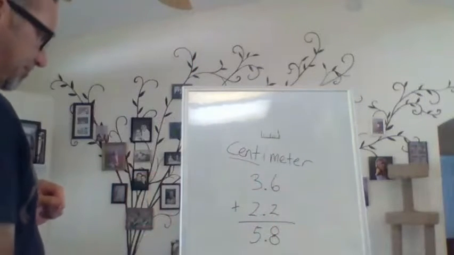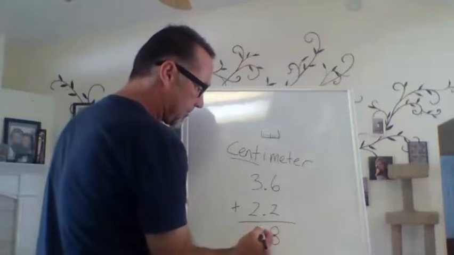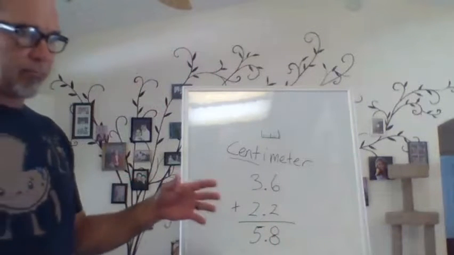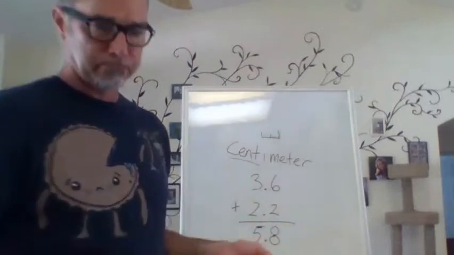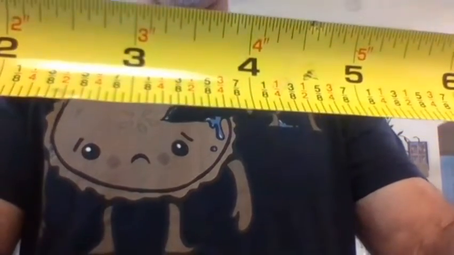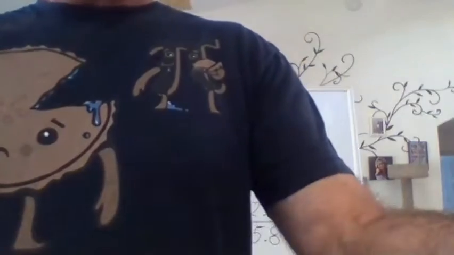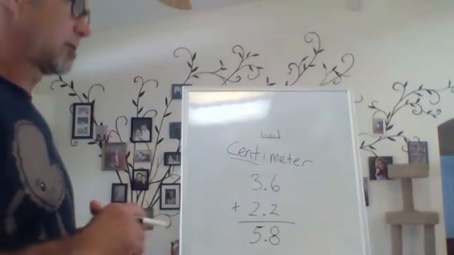Now the metric system is really good, just as good as, say, inches and feet and so forth. It's just that there's 2.54 centimeters per inch. So if you're measuring something quite large, you're going to have big numbers to deal with.